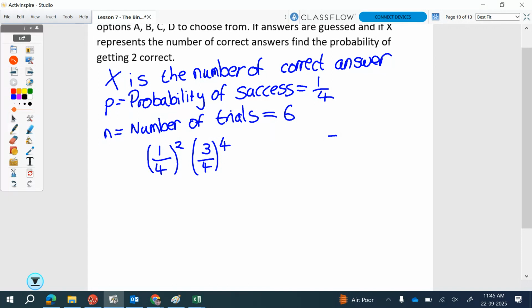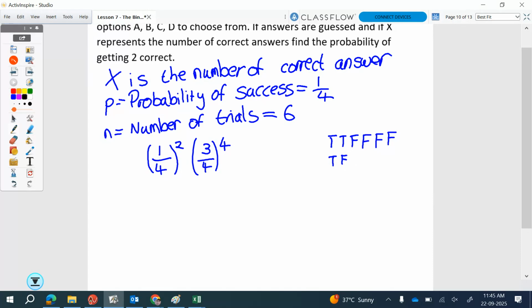Let's say we get the first 2 correct, and then we get the next 4 wrong. I'm even going to use true and false, and I'm going to do a little table to show you. So I could get the first two correct, and then the rest wrong. But I could get the first one correct and the second one wrong.